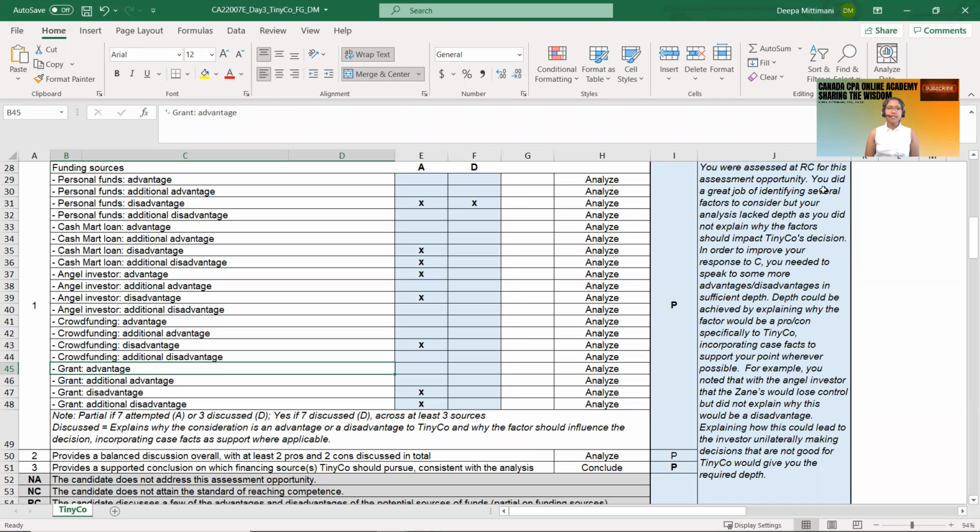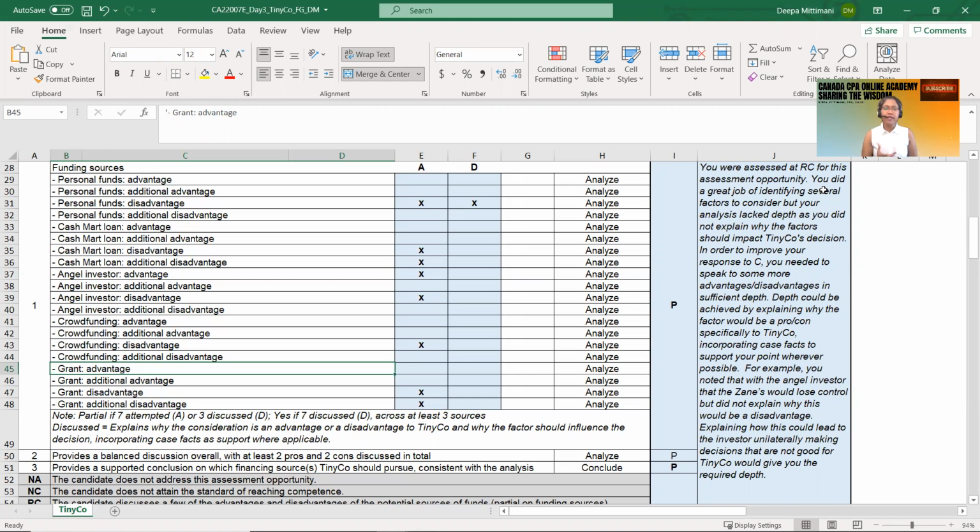Now, this is an AO of finance. It is a very common AO where you will be given different financing options, and based on the objective of the company and the objective of the investment, you have to decide what is the best investment option.